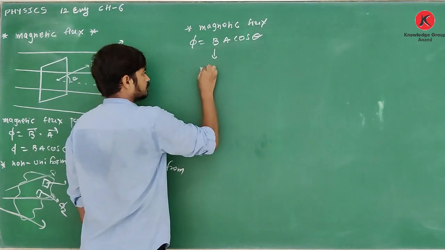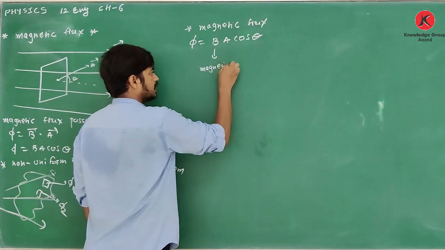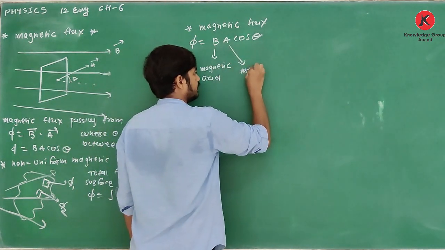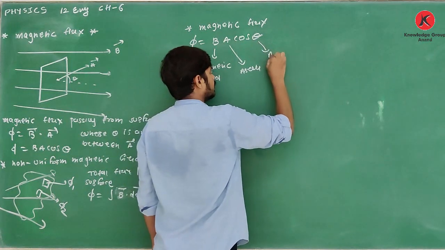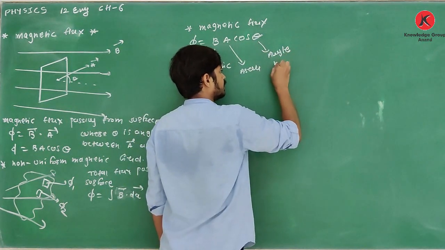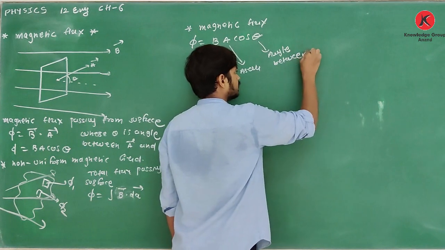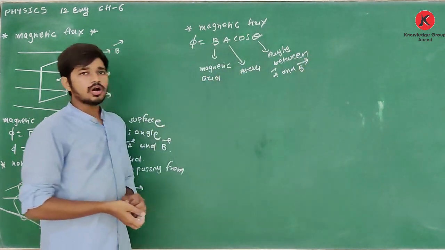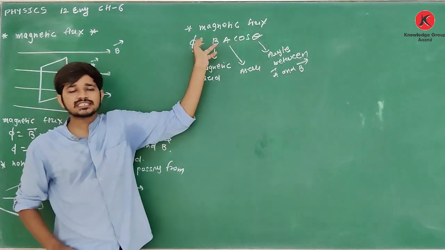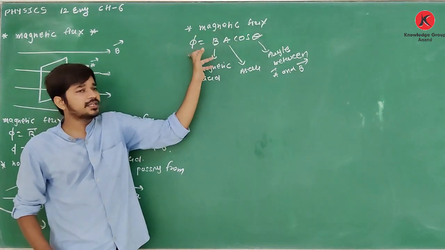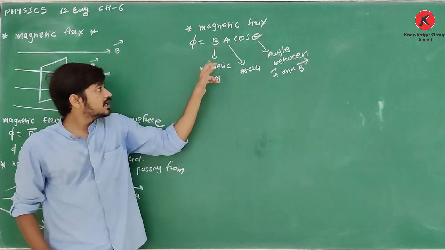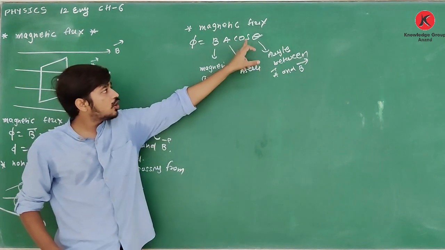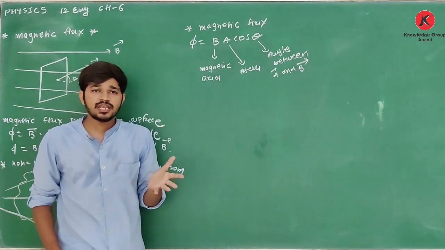B is the magnetic field, A is the area, and theta is the angle between A and B. So how does this magnetic flux change? Yes, if there is change in magnetic field, if there is change in area, or if there is change in the angle between A and B.